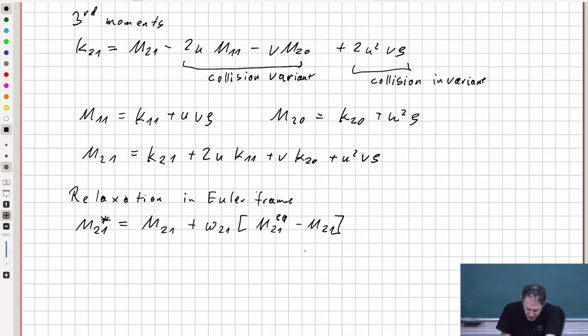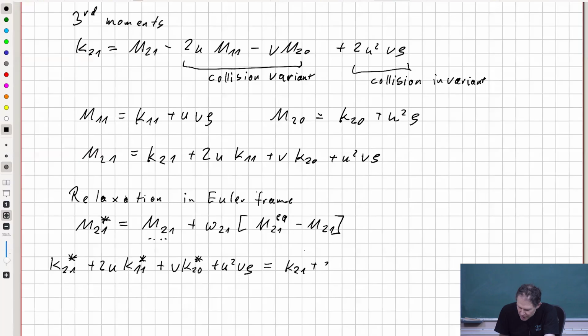Now we replace everything by central moments. So the left-hand side, K21 after collision, is then 2U K11, and because the entire thing is after collision, this is also after collision, plus V K20, this is also after collision, plus U square V rho, is equal to, now comes this here, which is before collision, K21 plus 2U K11, also before collision.